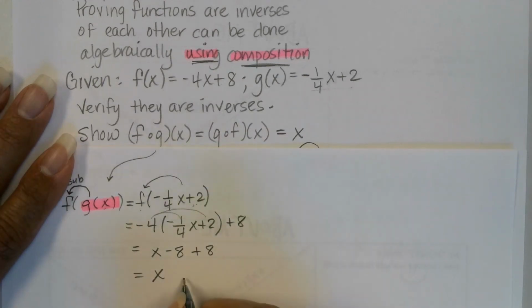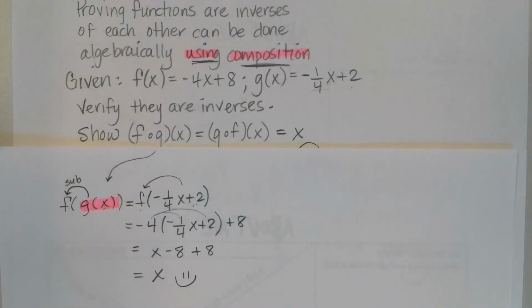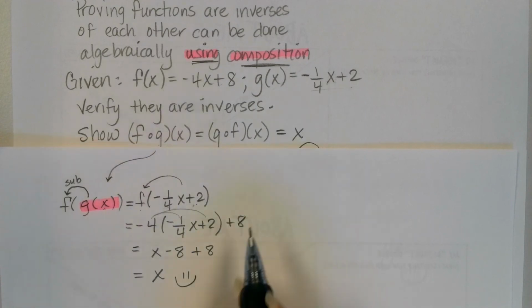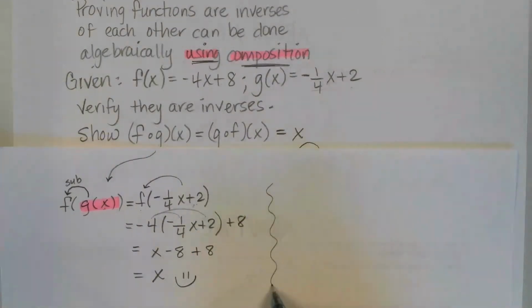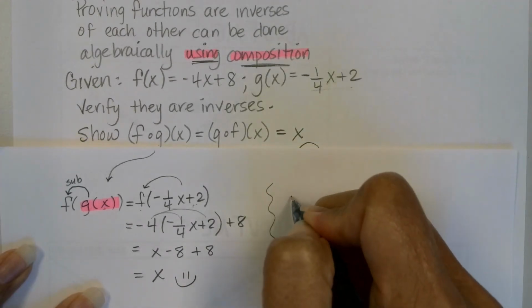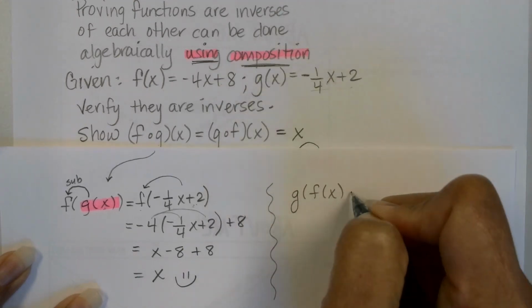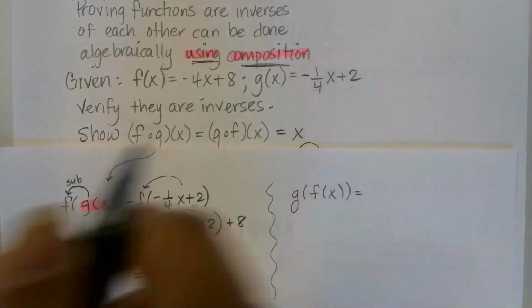Simplify, yay! I'm happy because I got an x so far for the first composition. I am going to hopefully get an x again because that's what I need to prove. If I don't get an x, that means you did something wrong algebraically. So just go and find out if you forgot to distribute a negative or something, okay?